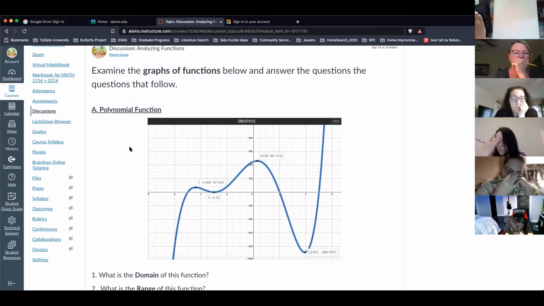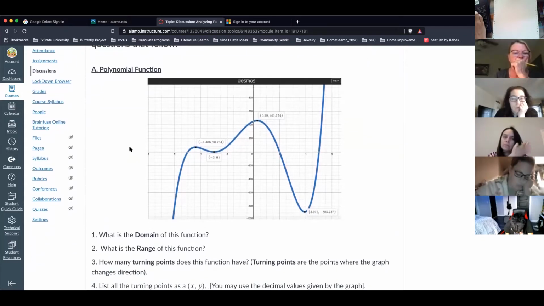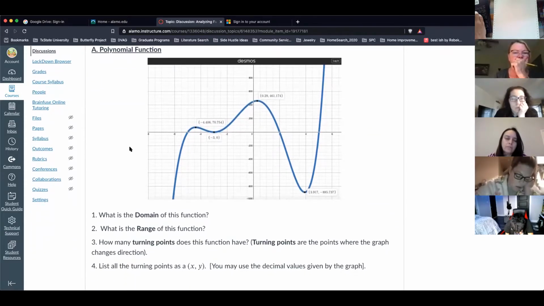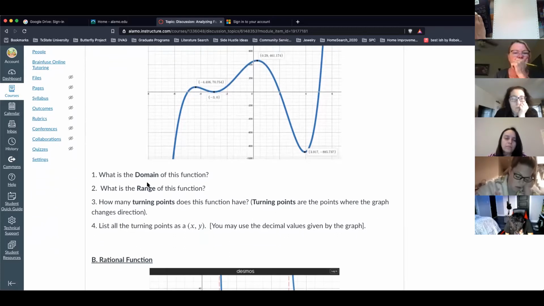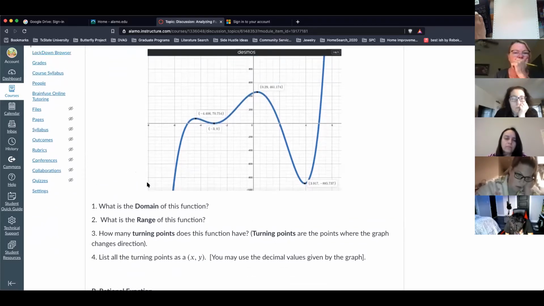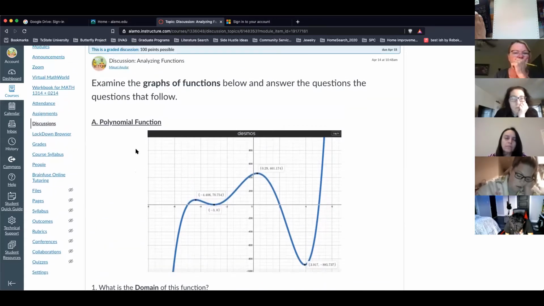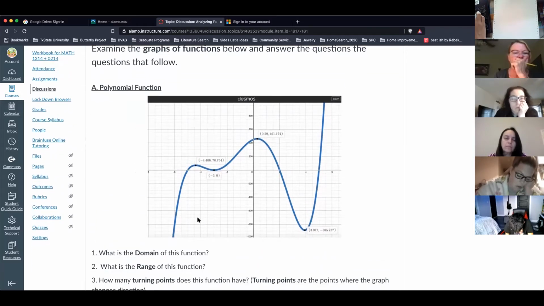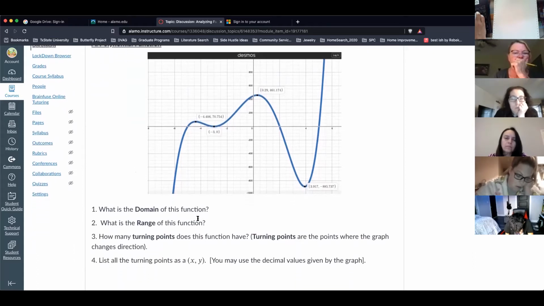We're going to have to be able to look at graphs and answer questions about the graphs. Last time we talked about what the domain is, what the range is, and how you assess them by looking at a graph. So this just gives you more practice. There's a polynomial function that I created in Desmos, and then 4 questions about the graph that you'll have to answer.